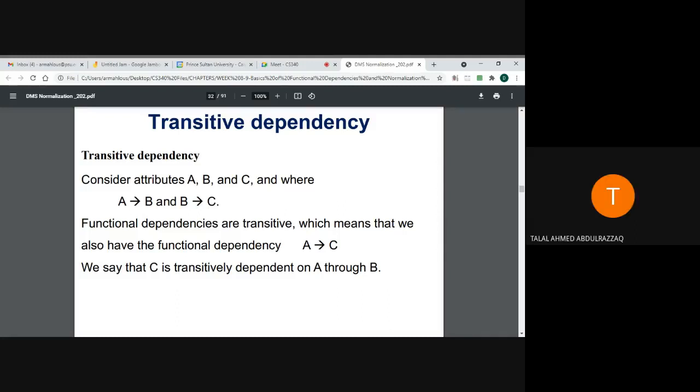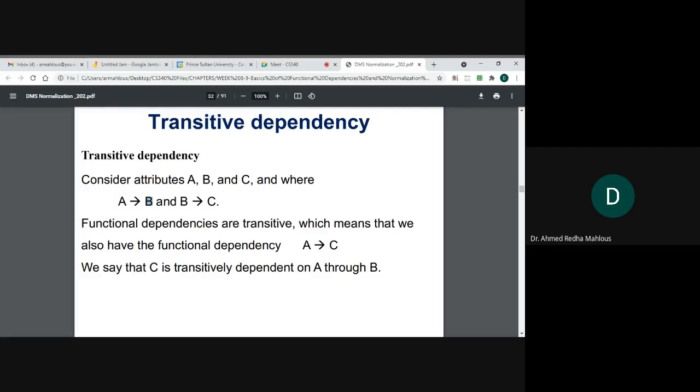We say that this functional dependency has been created by transitivity. We didn't create it separately or independently, but because I have A to B and B to C, automatically I will say I have the functional dependency A to C. This is transitivity, and we say that C is transitively dependent on A via B, because of that B that is repeating.